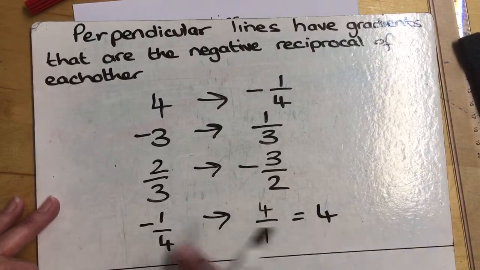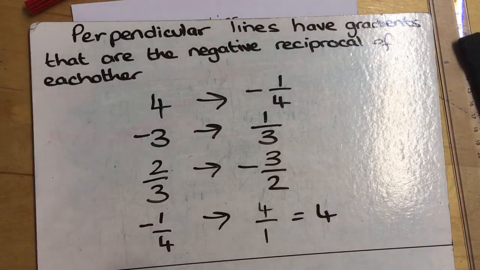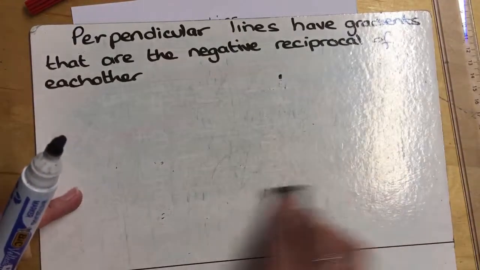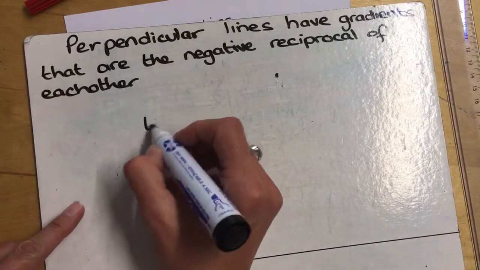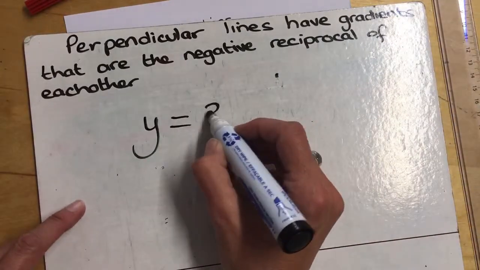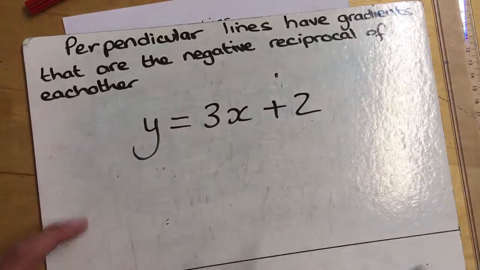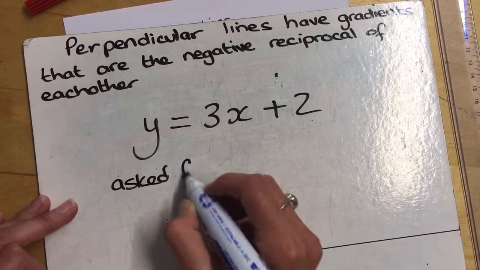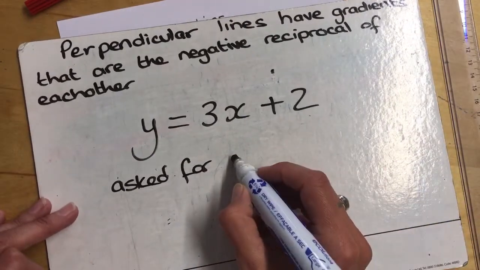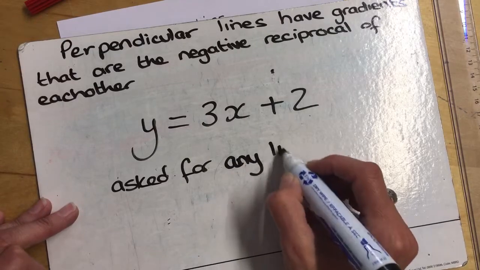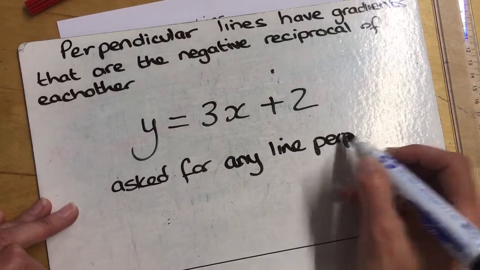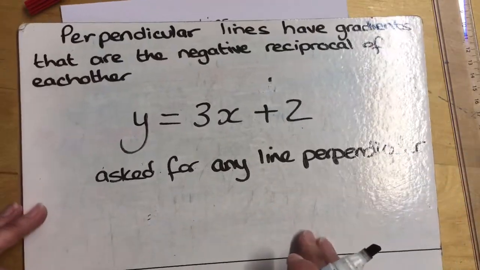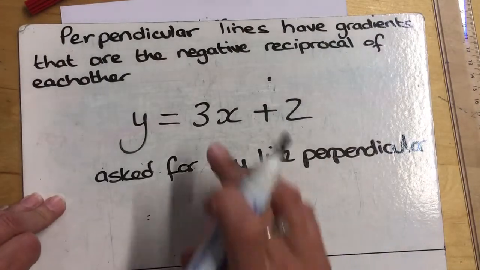So this is how we go from one gradient to the other. If we were given in an exam, for instance, the equation of a straight line, and we were asked for any line perpendicular to this one, and they haven't given us anything else specific like a coordinate, they just want us to state a line that is perpendicular to this one.